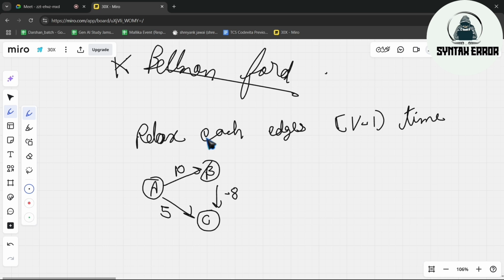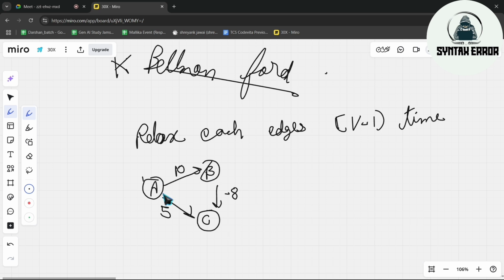So what would happen in the previous algorithm? It is given as 10, it is given 5, and that's it. So the cost from A to B is 10, the cost from A to C is 5. It will give that much itself. But what is the actual answer? We can go from A to B, B to C also, right? 10 minus 8, 2.